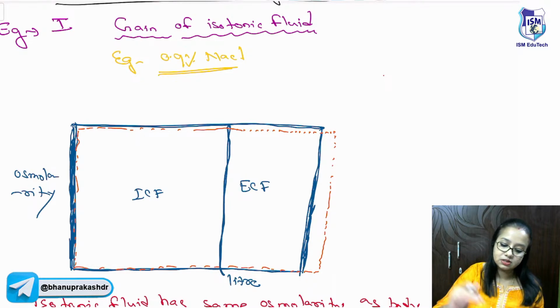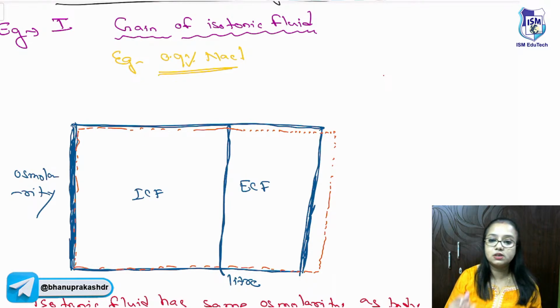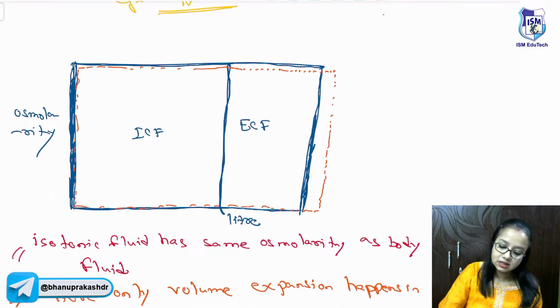The first scenario is gain of isotonic fluid. What happens if the body has been infused with IV fluid of isotonic solution, which is nothing but normal saline? In this condition, we see there is only volume expansion. The volume becomes more. That is the linear line. The dotted line becomes more in the ECF.